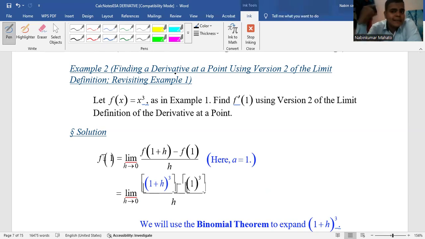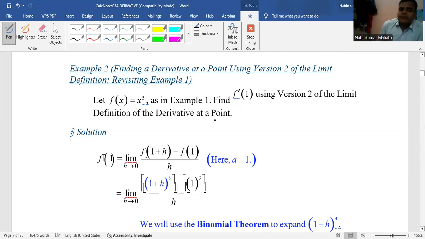In the first version we were calculating limits. And in these questions we are calculating the derivative using version 2 of the limit definition of the derivative at a point. Here is the point a, as mentioned. Before, we used (f(x) minus f(a)) by (x minus a).